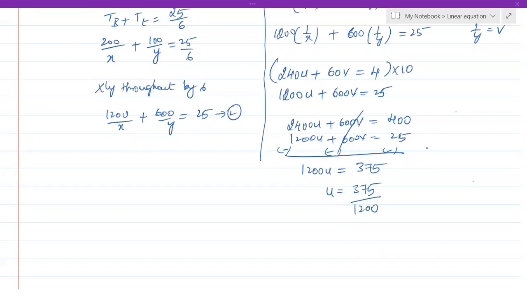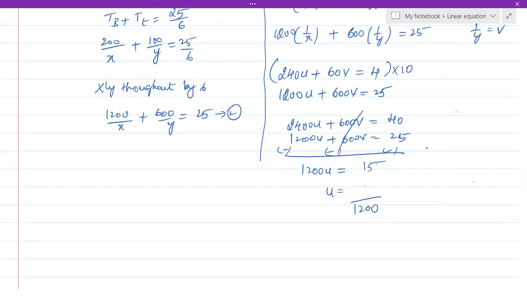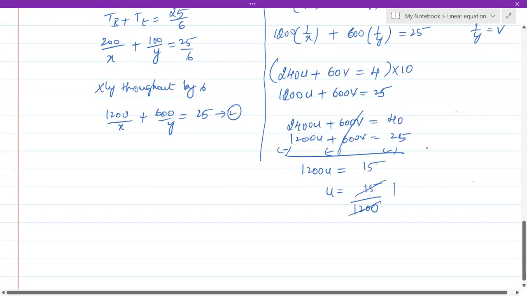Okay, there is some mistake. Yeah, I got it. 4 into 10 is 40. Actually, I made a mistake here. So 40 minus 25 is 15, so it will become 15 by 1200. 15 ones are 15, 15 eights are 120. Therefore, u is 1 by 80. So if u is 1 by 80, x will become 80, so 80 kilometers per hour. That will be the speed of the bus.